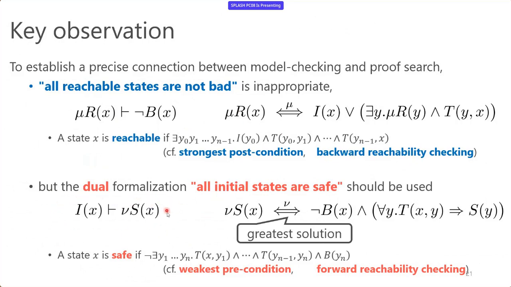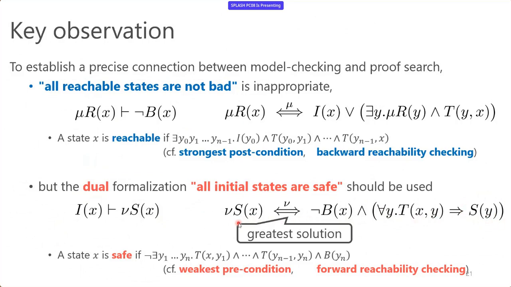We use this goal sequent, which says that all initial states are safe. And here, a new S characterizes the set of safe states, which is defined co-inductively as the greatest solution of this equivalence, which says that a safe state must not be a bad state, and also for any state y one step reachable from x, y must be safe.